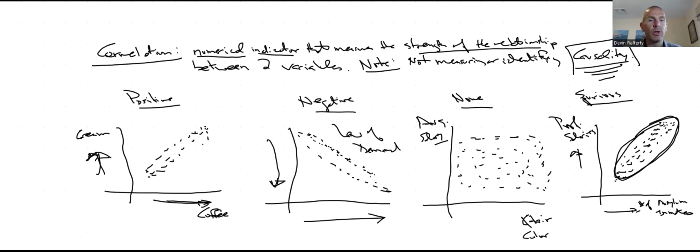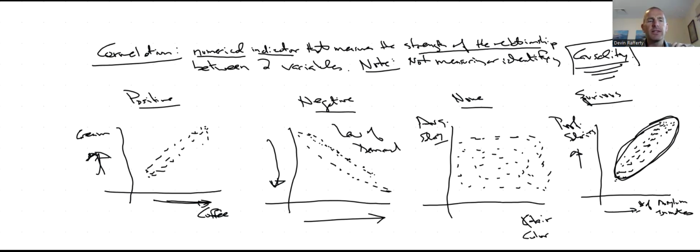It's people drinking more coffee, which leads to more cream. You don't generally see a lot of people drinking cream and then saying, you know what, this would go great with coffee. No. But you do see plenty of people having coffee saying, I need a little bit of cream in this.